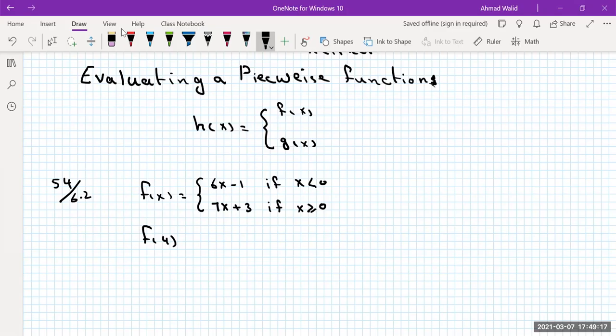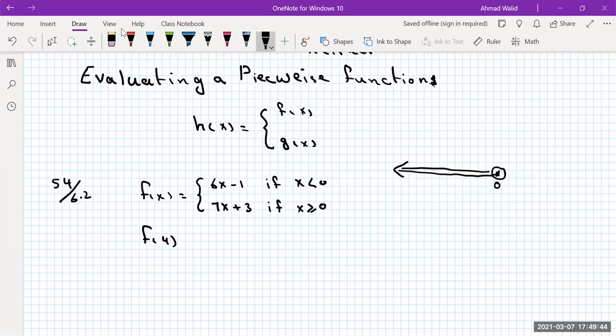Later, after I start graphing, you will see why the domain is restricted. For example, in this example, you see 6x minus 1 if x is less than 0. It means in this function, if this is 0, you have to take all the values that are less than 0, not greater than 0.